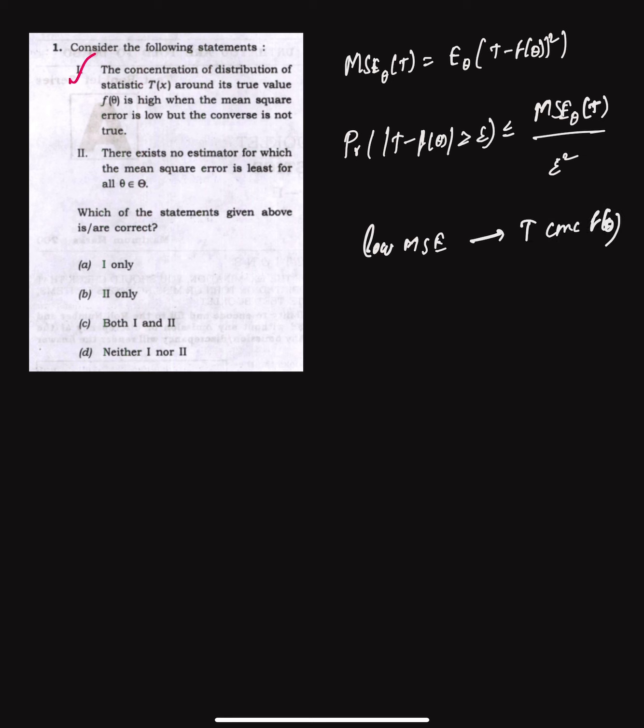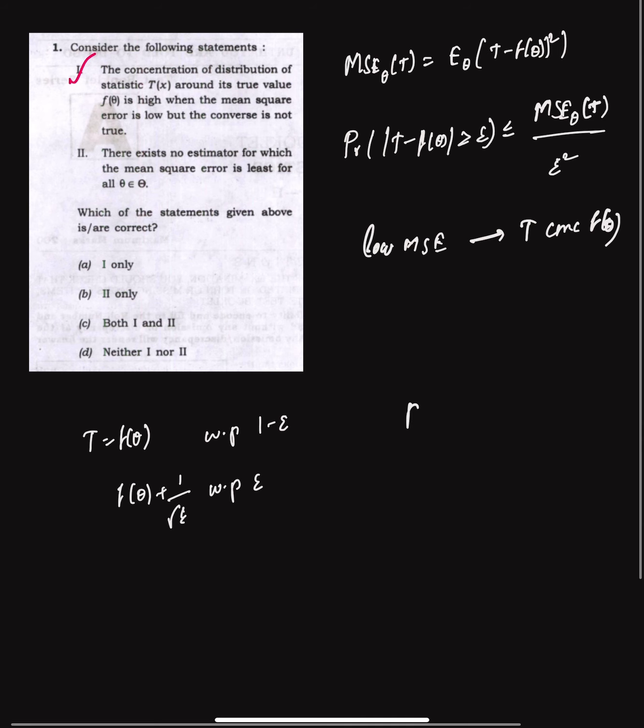So the converse need not hold because we can have very high concentration but a very small probability of huge outliers. For example, if I take T as f of theta with probability 1 minus epsilon, and f of theta plus 1 by square root of epsilon with probability epsilon.